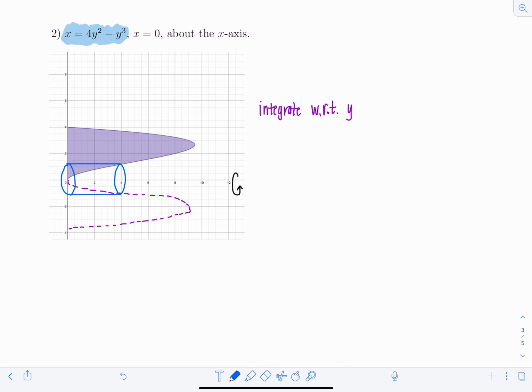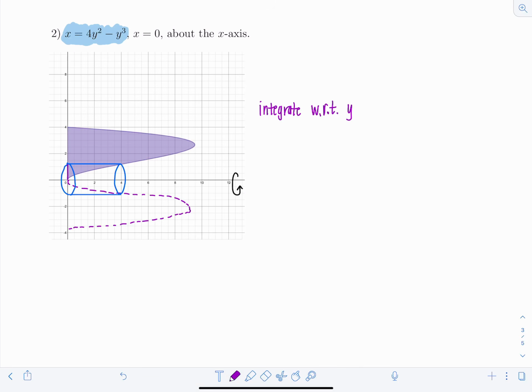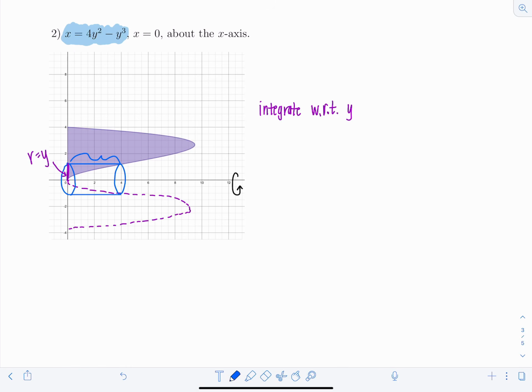Okay, and then we have to figure out what the radius is and what the height is. So this portion here is the radius. Notice it's whatever the y coordinate is. And then what about the height? What is this height determined by? Well, it's determined by the curve. And I don't have to subtract anything. As the curve changes, naturally the height will change.